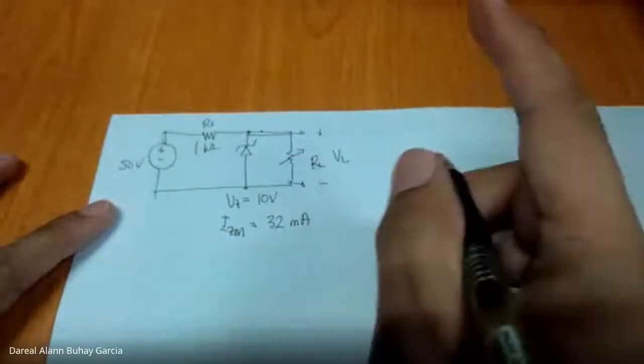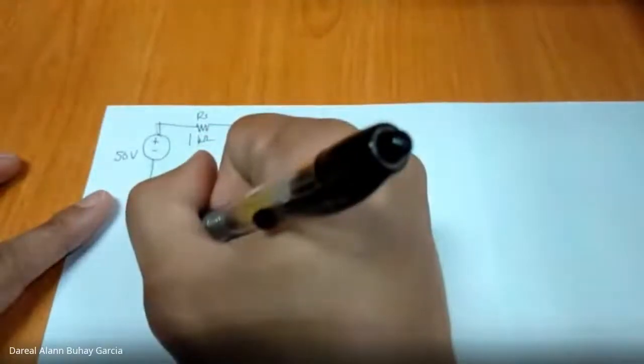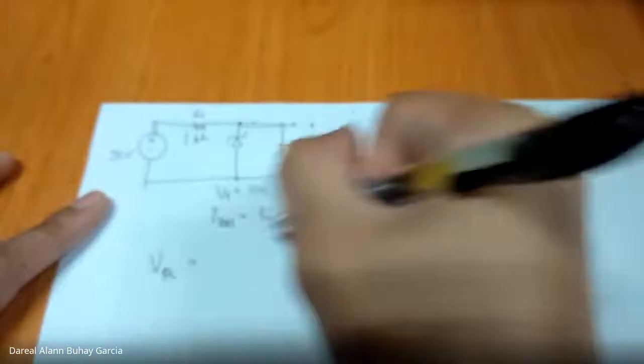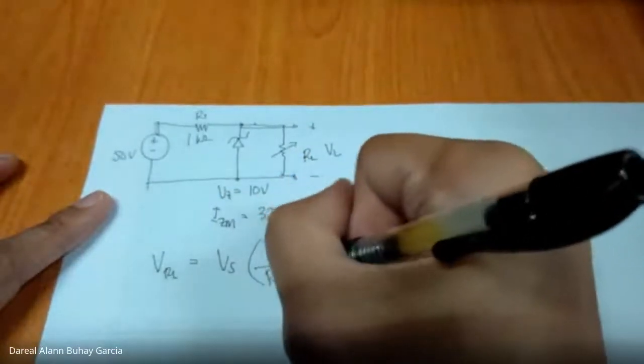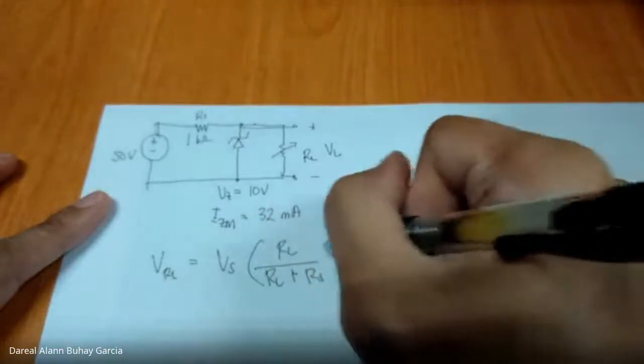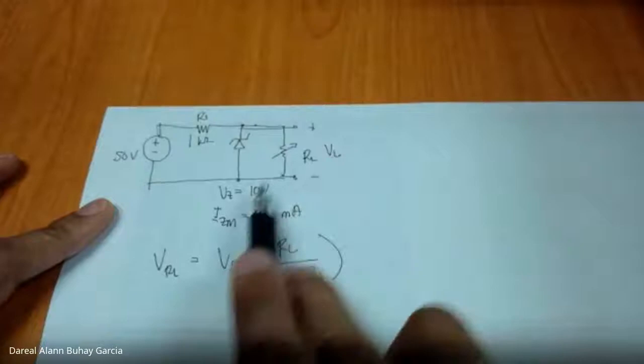So let's redo what we performed earlier, no? So VRL is equal to VS times RL over RL plus RS. But what is its value? 10 volts, no?